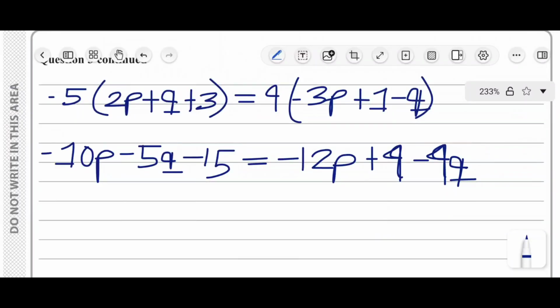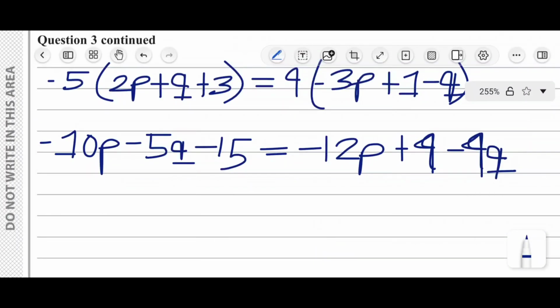Okay, so now you have to bring all these terms to one side. So first of all, it is minus 10p and it is 12p.